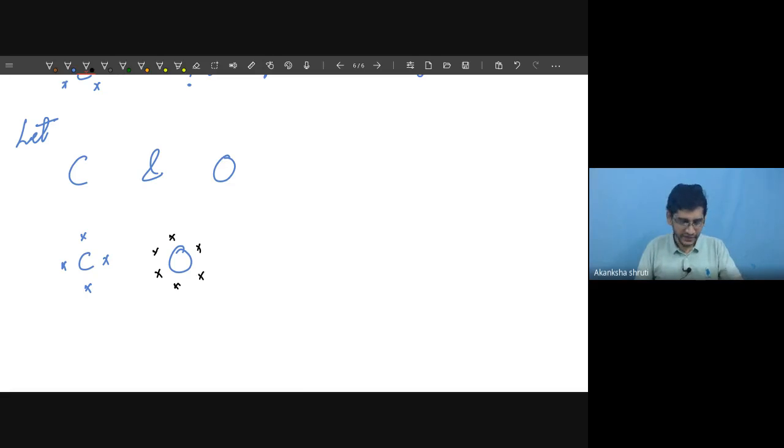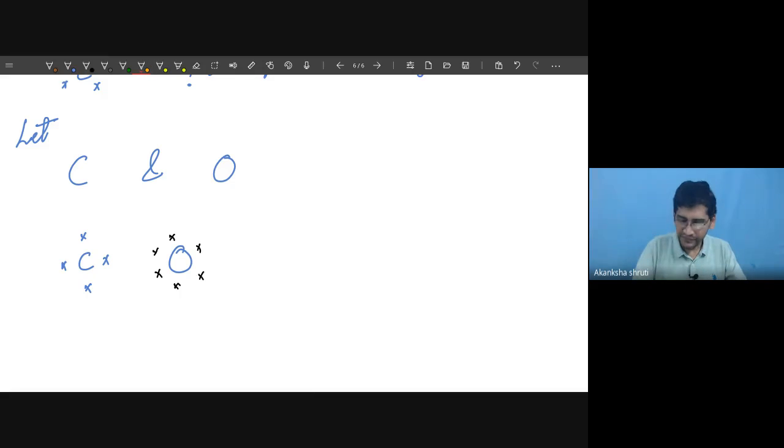Okay, students. See, now if this carbon comes closer to oxygen, then what is the possibility by which both of them will have 8 electrons in their outermost orbit? Observe carefully.